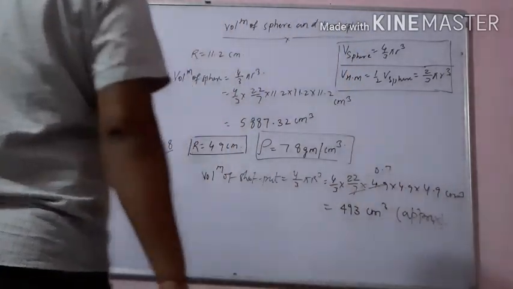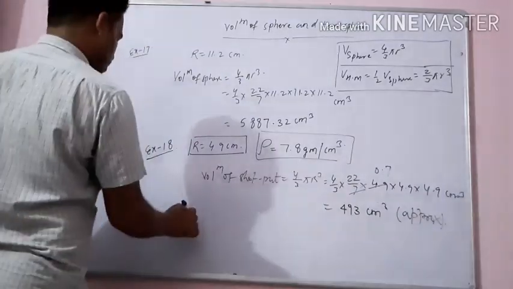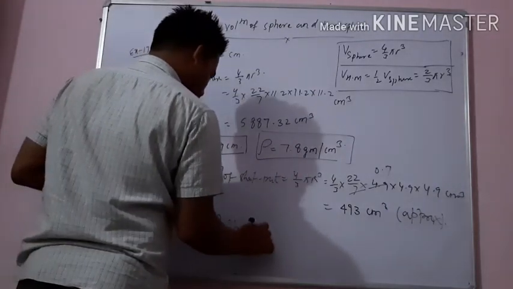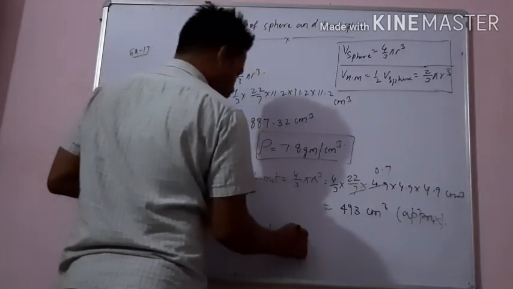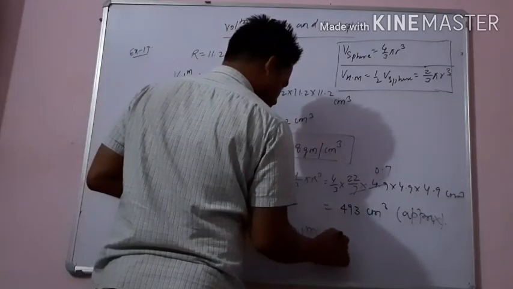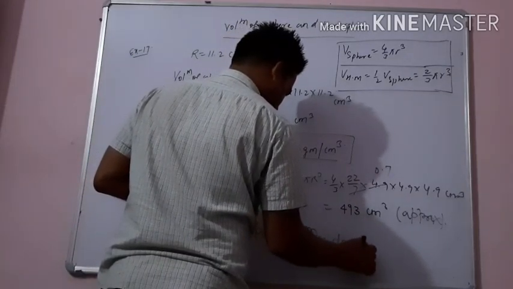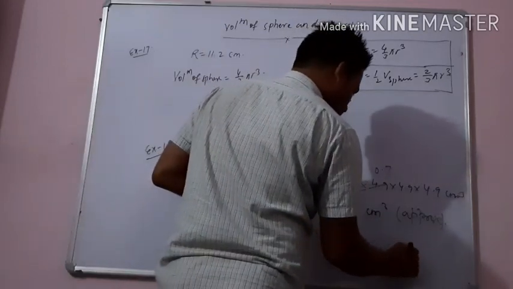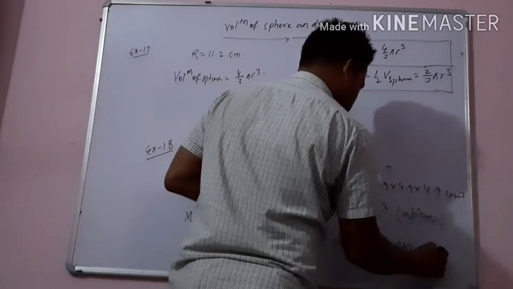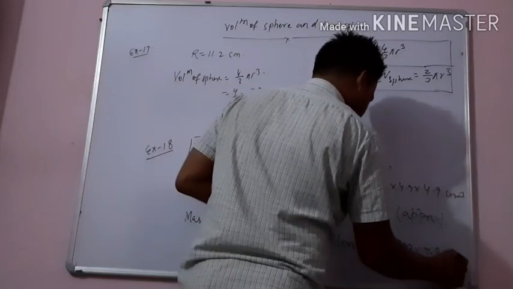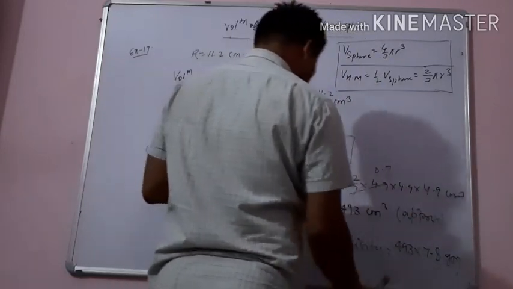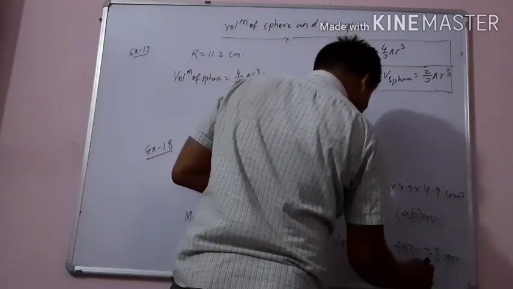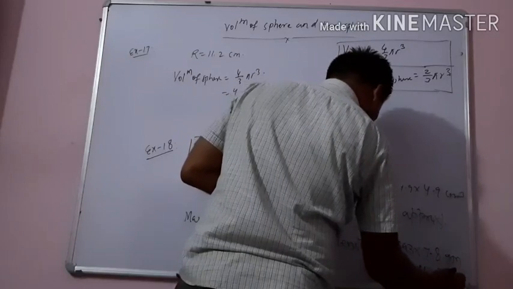Now the mass of the shot put is given by volume multiply density. That will be equal to 493 multiply 7.8 gram, which equals 3845.4 gram.